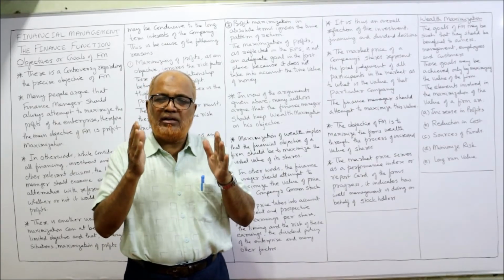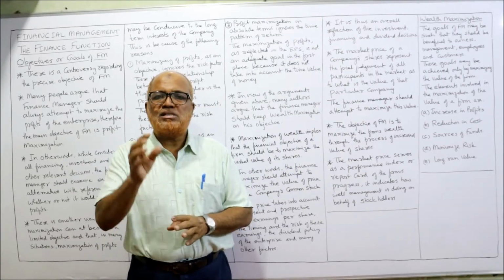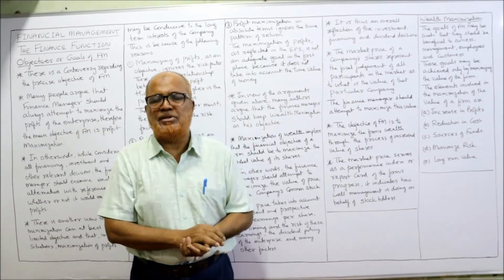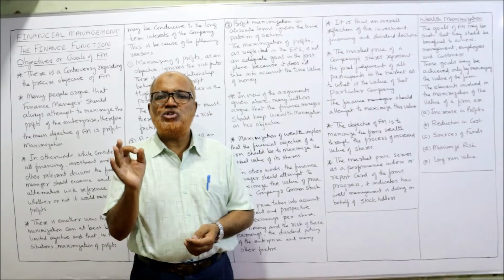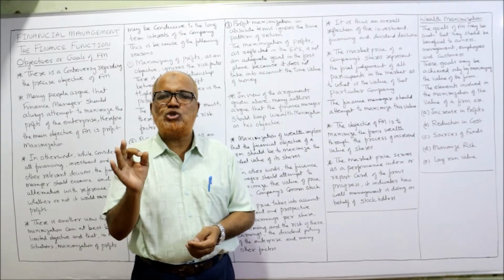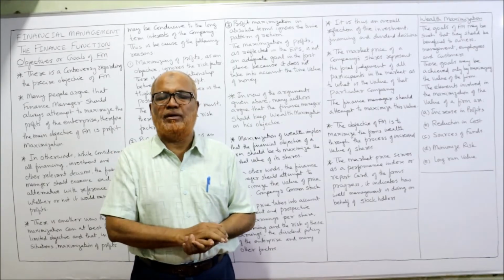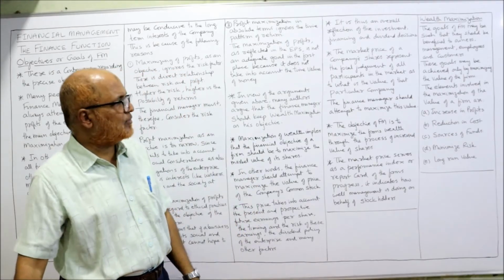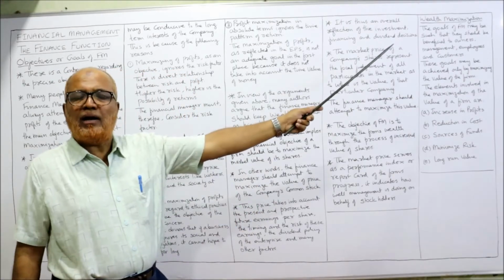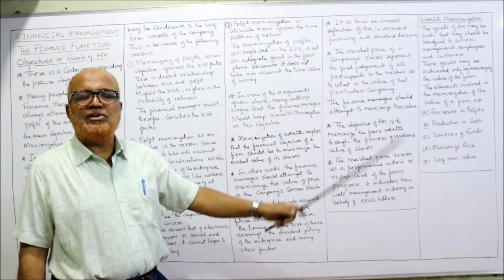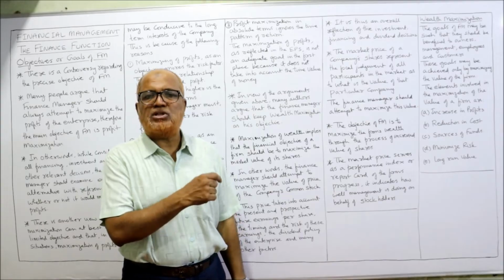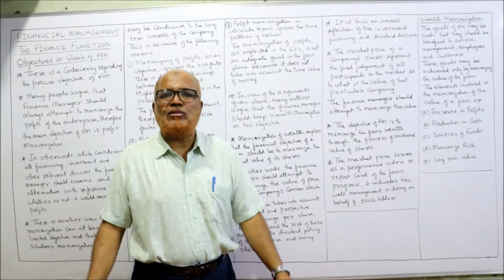The decisions are taken by the management. The shareholders have appointed management to run the business. How efficiently and effectively the management is doing its activity is reflected in the market price of shares. Now, ultimately, this objective of financial management is called the wealth maximization objective.